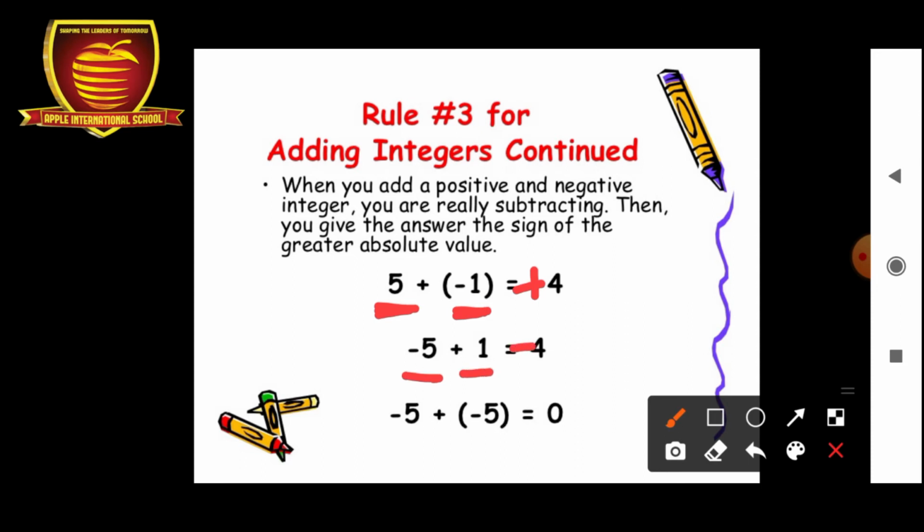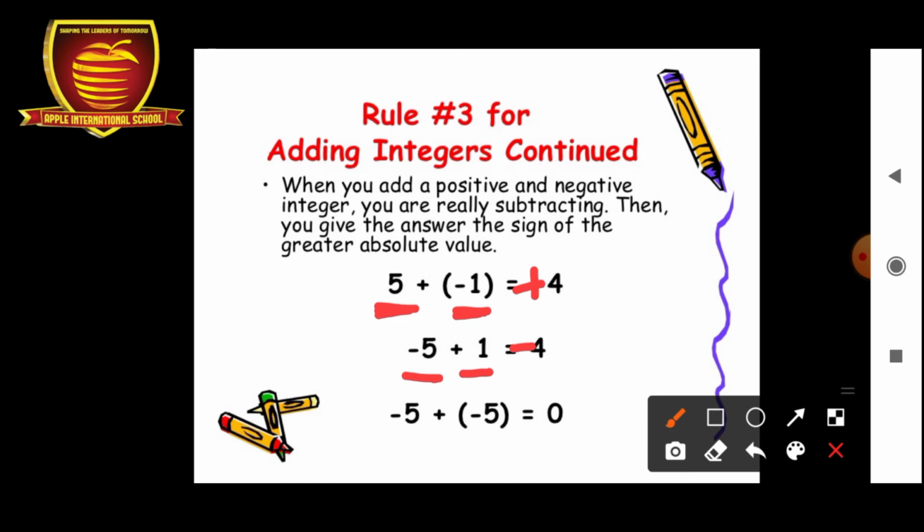Here -5 is a negative number and 1 is a positive number. The absolute value of -5 is 5 and the absolute value of 1 is 1. So the number with the greater absolute value is -5, that is 5. That's why we write a negative sign, and 5 minus 1 is equal to 4.